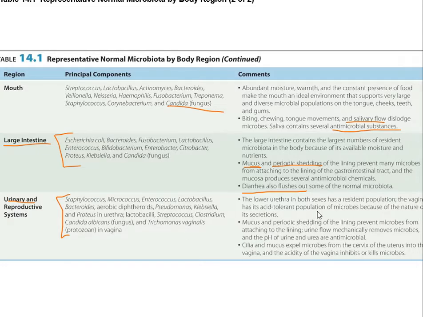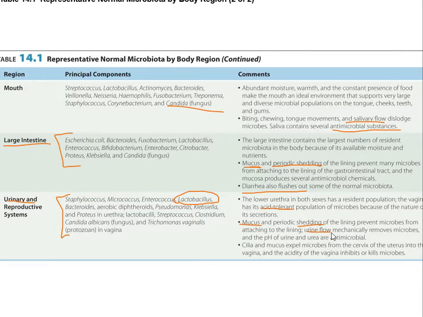How do you keep microbes away? In the vagina, there is a high acidity due to the presence of lactobacillus that produce lactic acid, and this is what keeps most of the microbes away. The mucus secreted also in the lining of these reproductive organs will help to keep microbes away, and shedding of the lining, for example, of the uterus is going to help that.